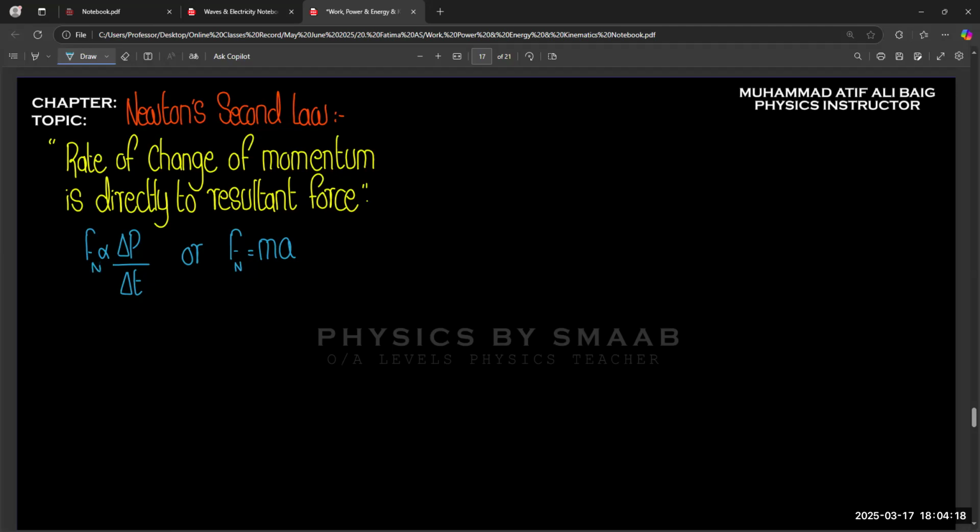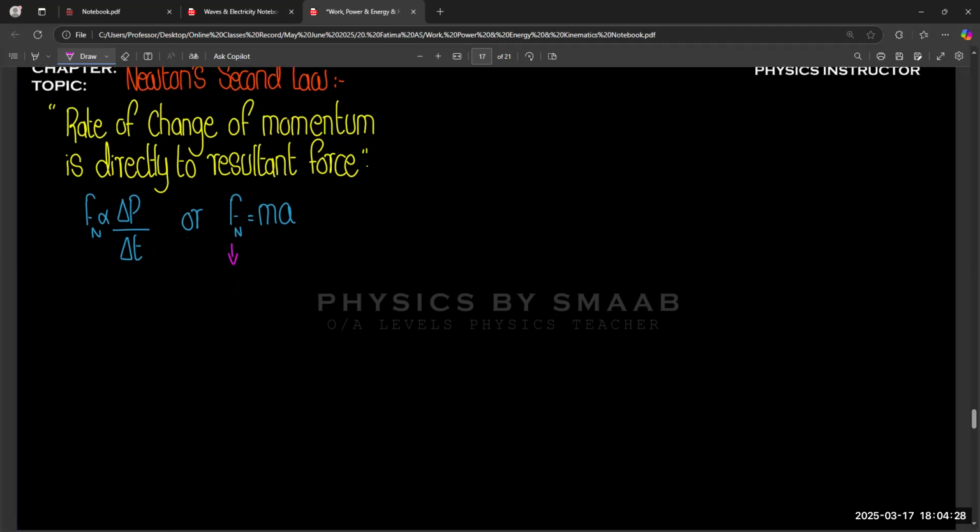This is also the net force. So this net force actually represents all the forward forces minus all the backward forces equals ma.